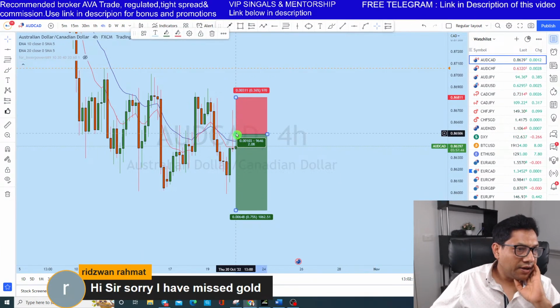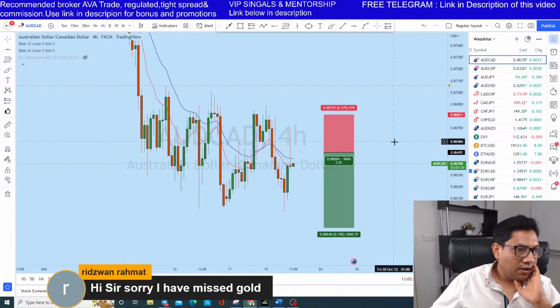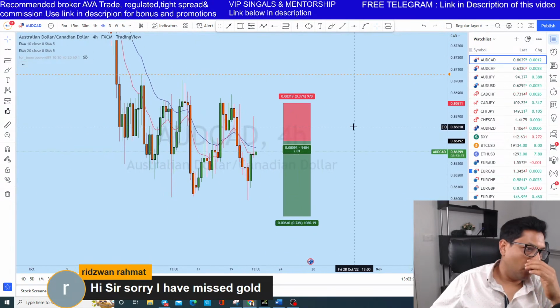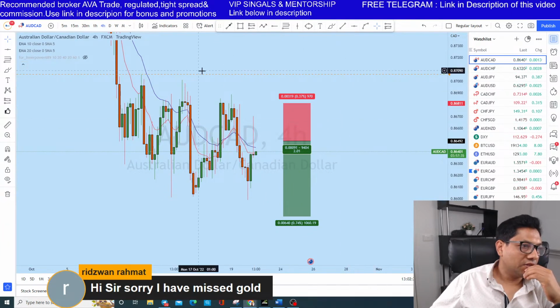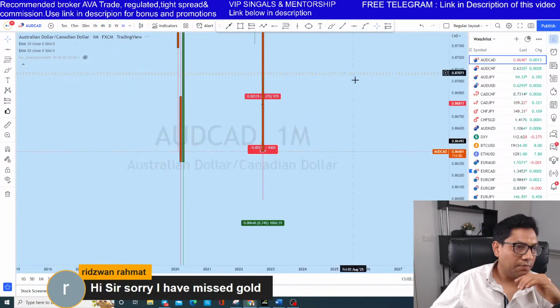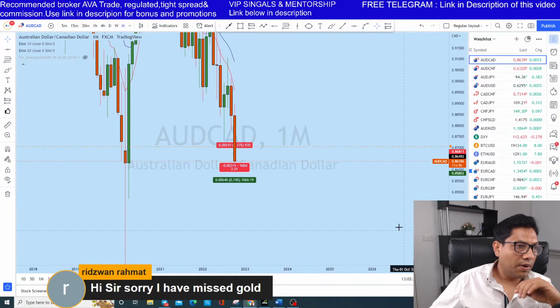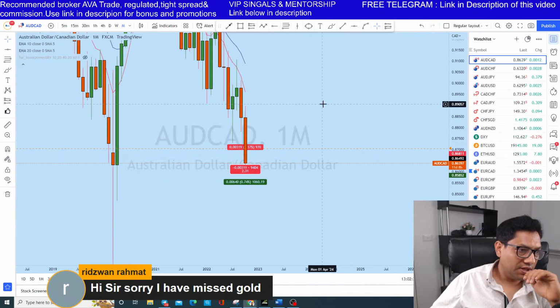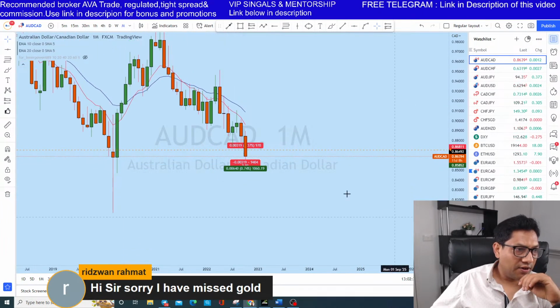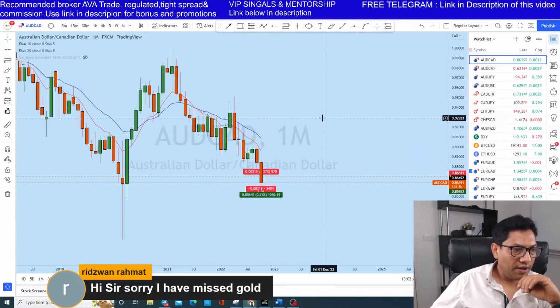Now let me explain the full analysis for this trade, and then you'll know why I have opened it. First of all, guys, let's look at the bigger picture, monthly. On the monthly perspective, Aussie CAD is a highly bearish market. Starting from here, there is a big drop every month.